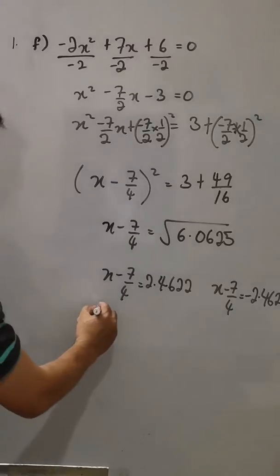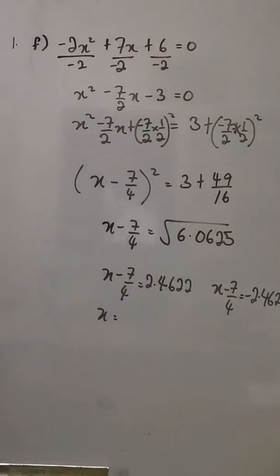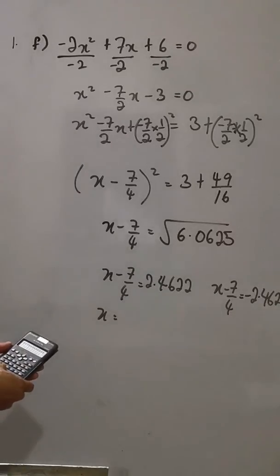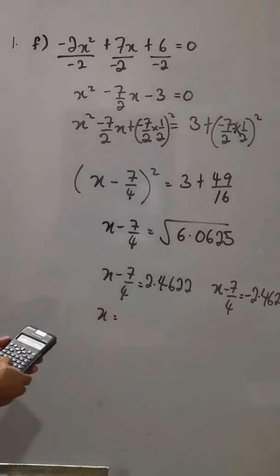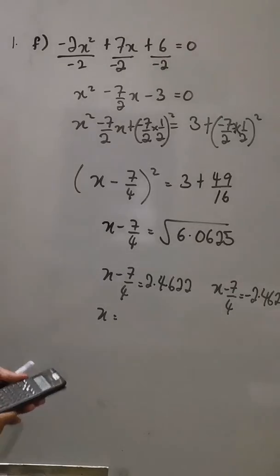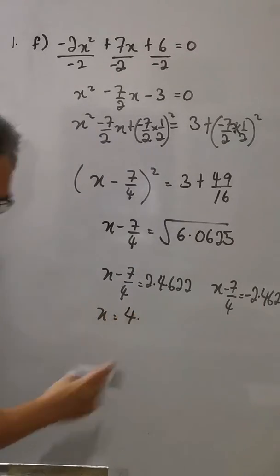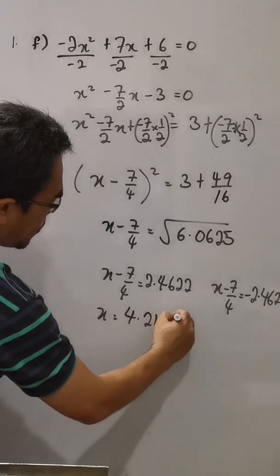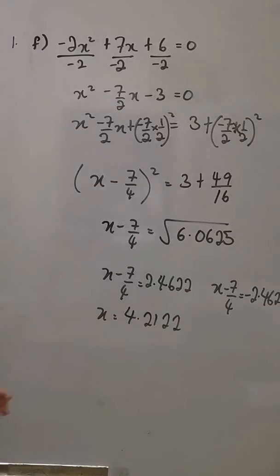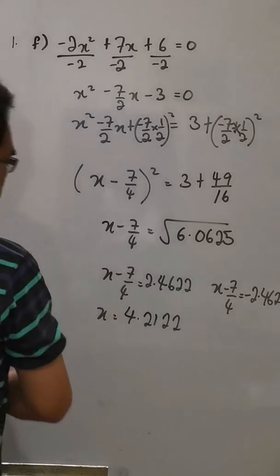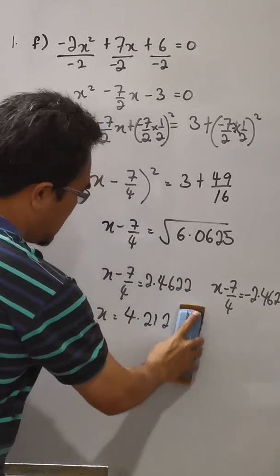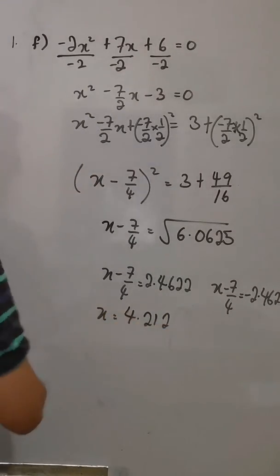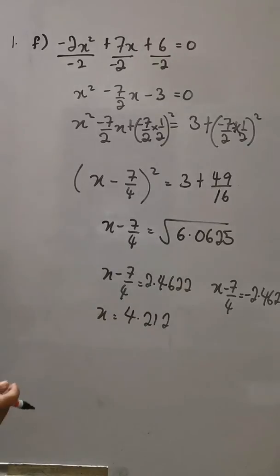Okay, so x will be 2.4622 plus 7 over 4, get 4.2122. But the question is asking for 3 decimal places. So the fourth decimal, no need to plus 1 because it is less than 4.